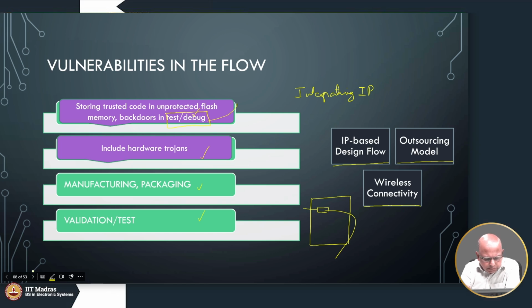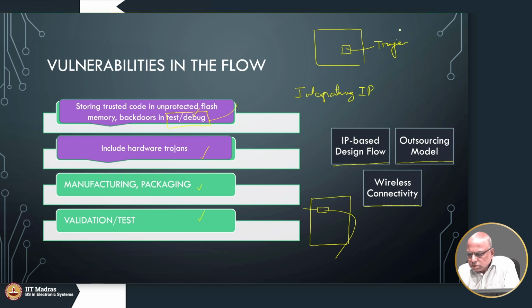Then people are beginning to use things like Trojans. What is a Trojan? If you have a chip, you can insert a small hardware module called a Trojan, which wakes up after maybe months or whatever.